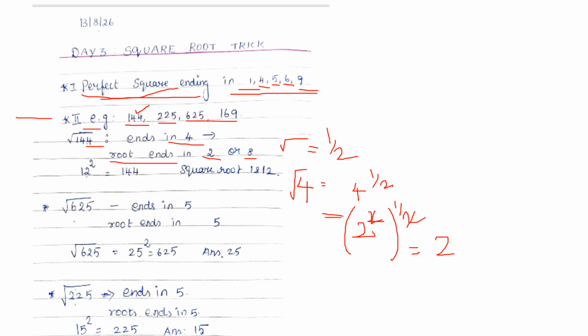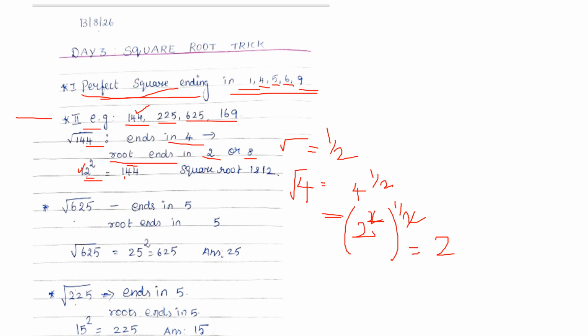So here the ending number is 2. Now for 144, you have to pair the digits from the last digit to the front. Pair it, 44, so remaining is 1. The square root of 1 is 1. So that number is 1, and the last number is 2. So 12 squared is 144.